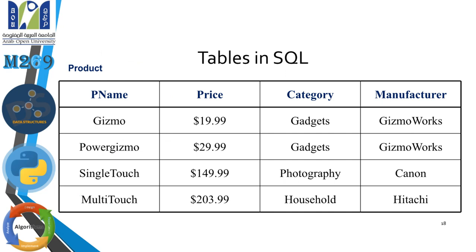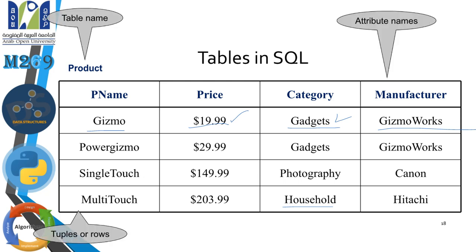This is a table which has the name, the price, the category, and the manufacturer. These are a list of gadgets, photographs, and household items. You can see that here the type is money, the type is text, and this is the table name, and every single column is called an attribute name.